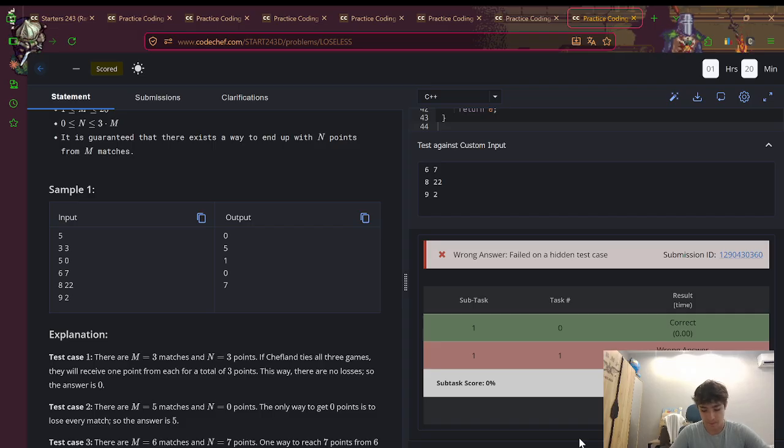2 and 5. For example, there was one win, then 1 and 4. No, 2. 1 and 2. Then it's also out of bounds, it's impossible.